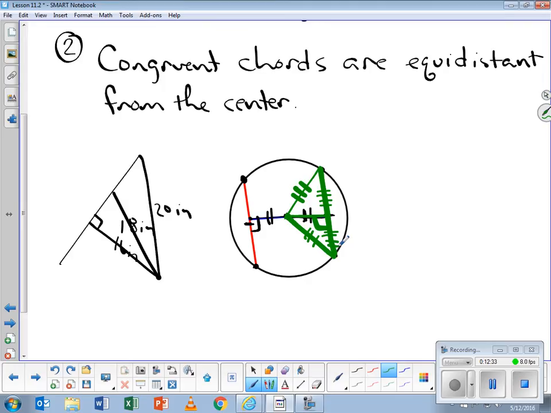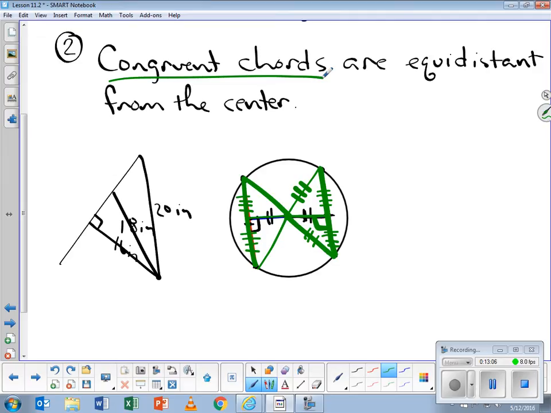So that means that these radii are the same, and since we said these distances have to be equal, then when this cuts that into 2 equal pieces, that means all 4 of those equal pieces are equal. Okay? But that's only true if we knew the chords were congruent. Does that make sense? It's only true if we knew the chords were congruent.